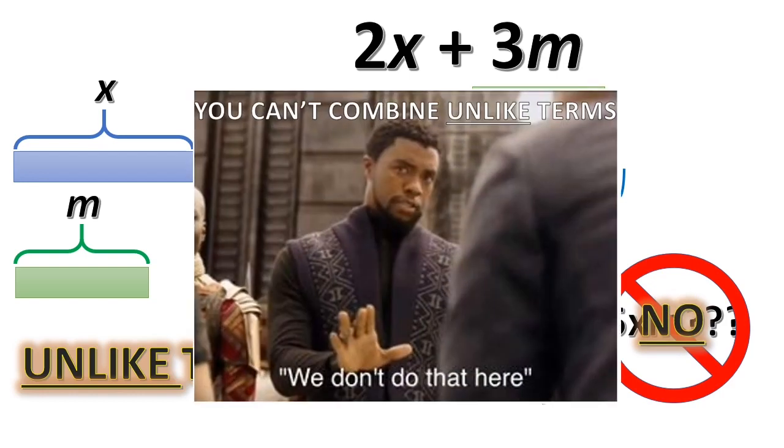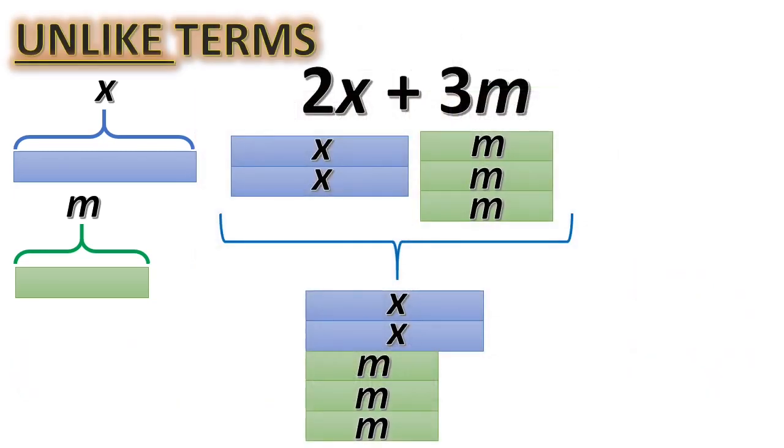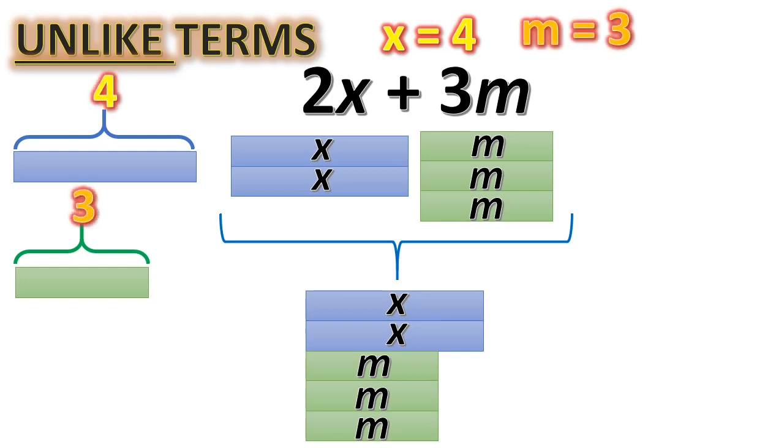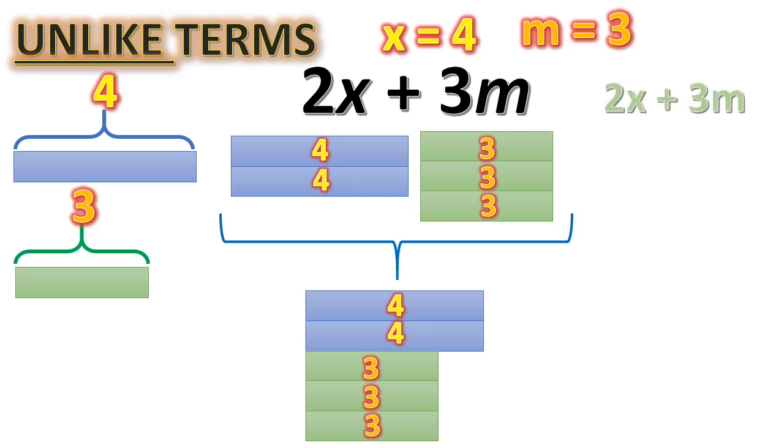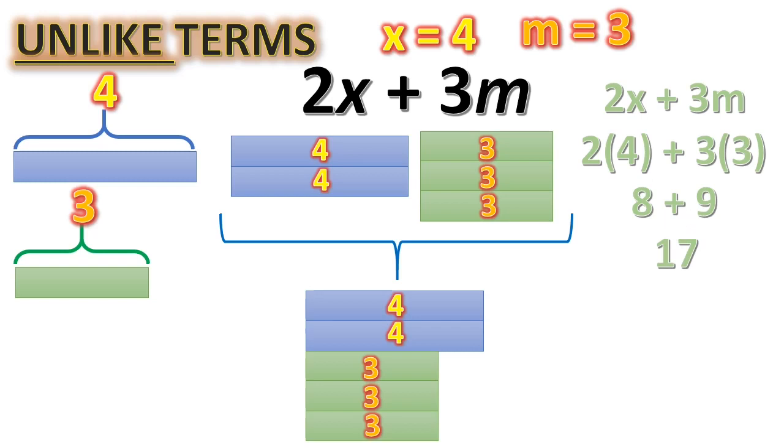Thank you, Black Panther. You can't combine unlike terms, and here's why. If you take this example, and again, I'll use x is 4, and we'll say m is worth 3. Now when I go to replace these values with 4's for the x's and 3's for the m's, you'll see that when I plug it into the original expression, a 4 for x and a 3 for m, I get 8 plus 9, and then when I add those together, I get 17.